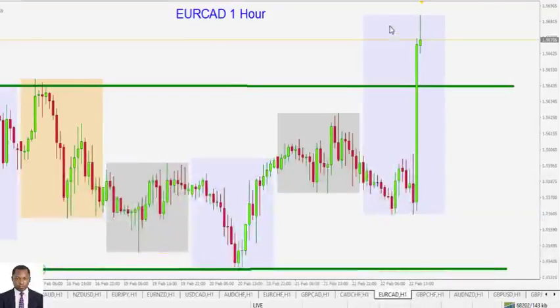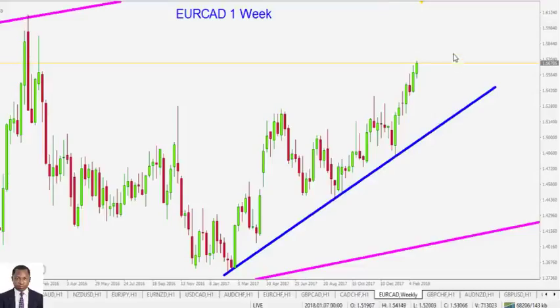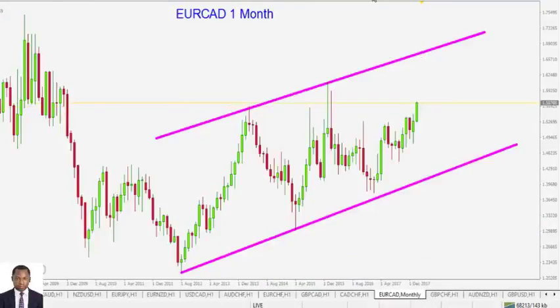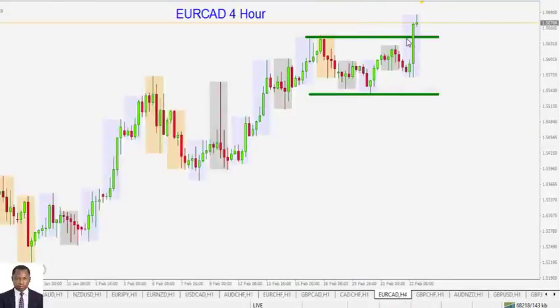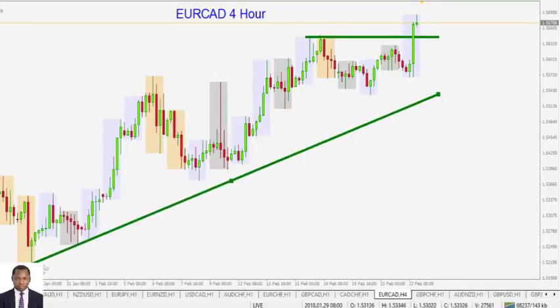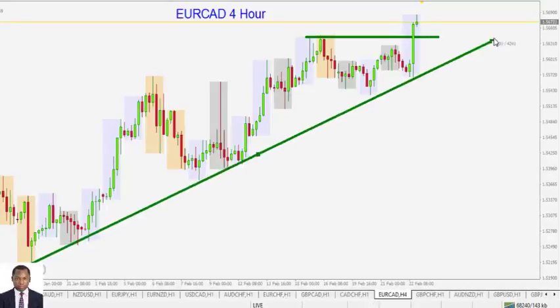Euro against the Canadian dollar. Okay, pushing up. This trend line, just another weak one. Well, let's keep it there.